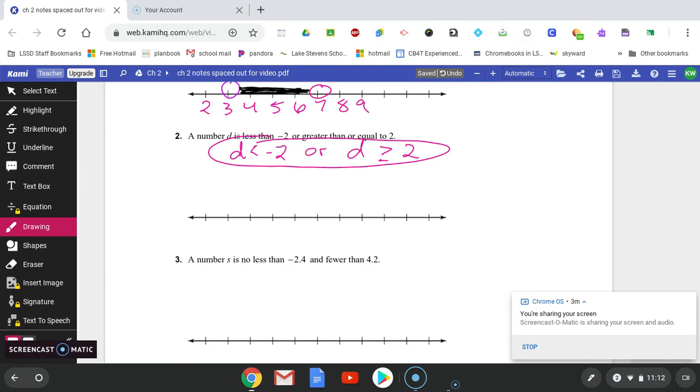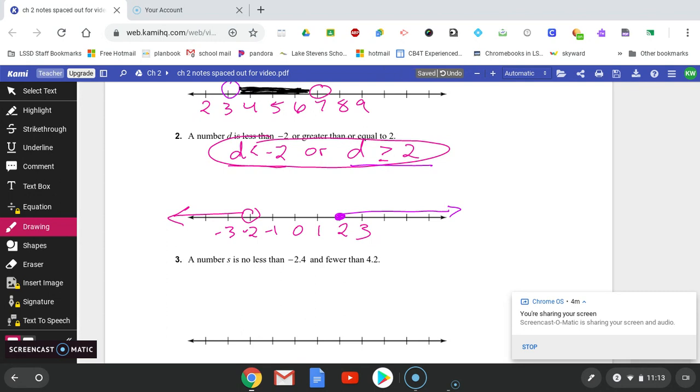To graph it, we just graph them as two individual graphs. Let's see, we've got -3, -2, -1, 0, 1, 2, 3. For our first inequality, d is less than -2, so that would be an open circle with an arrow going to the left. For our second one, d is greater than or equal to 2, so that would be a closed circle with an arrow going to the right.